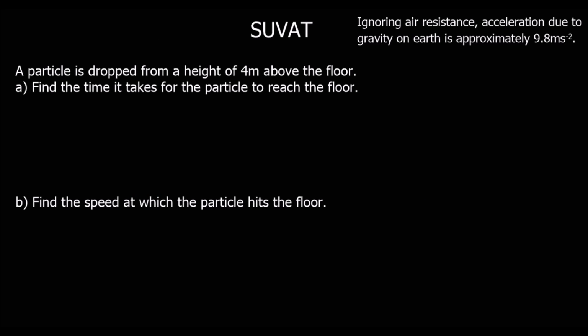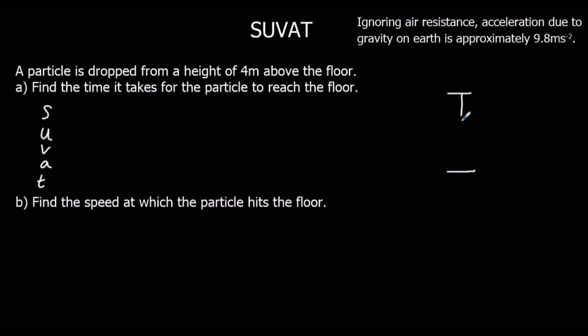A particle is dropped from a height of 4 meters above the floor. Find the time it takes for the particle to reach the floor. So SUVAT, it's dropped from 4 meters above the floor. So it's dropped from here and it's going to go down to the floor.